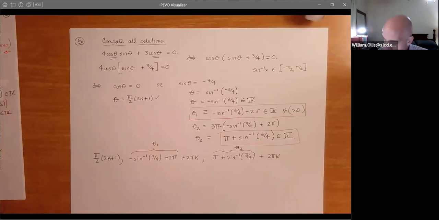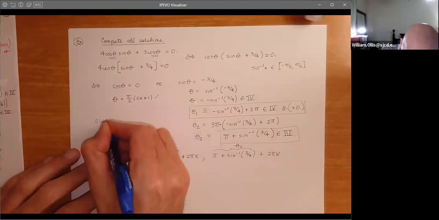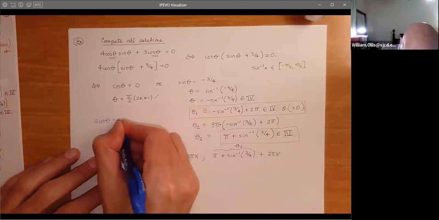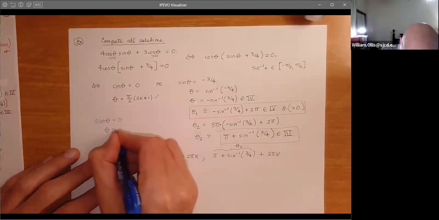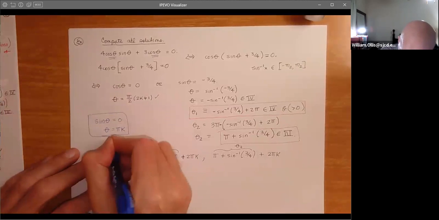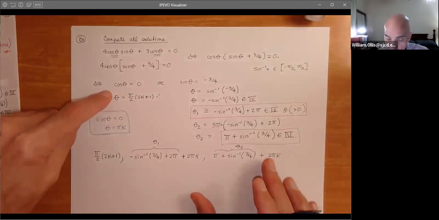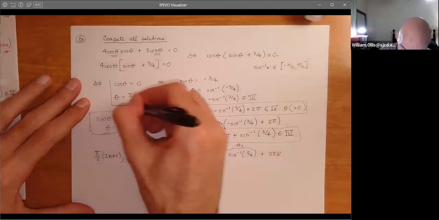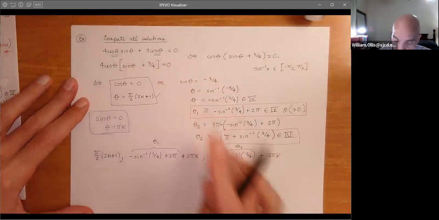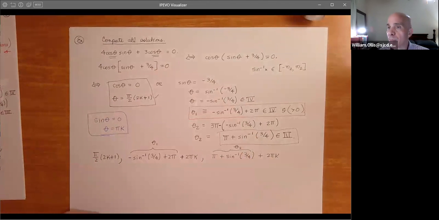Just like, for instance, if you have, let's go ahead and write down the one for sine since it's so easy. If we have sine theta equals 0, this just means theta is a multiple of pi, because that gives us all the zeros on the x-axis, where we know the y-coordinate is 0. So when you have the cosine equation, cosine theta equals 0, you have two very simple solutions that you can automatically write down, all solutions.